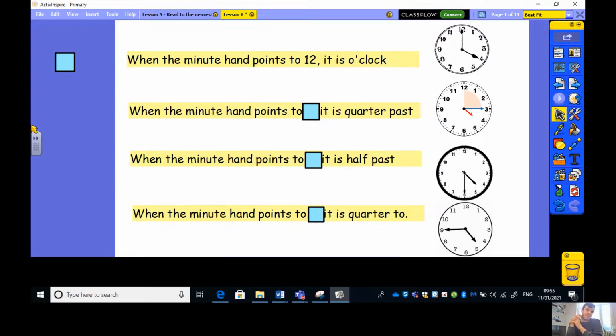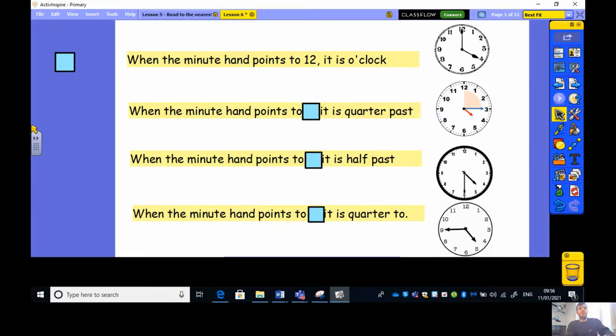When the minute hand points to something, it is quarter past. What number on the hour scale will the minute hand be pointing to when it is quarter past the hour? Tell your partner now. Now tell me through the computer.